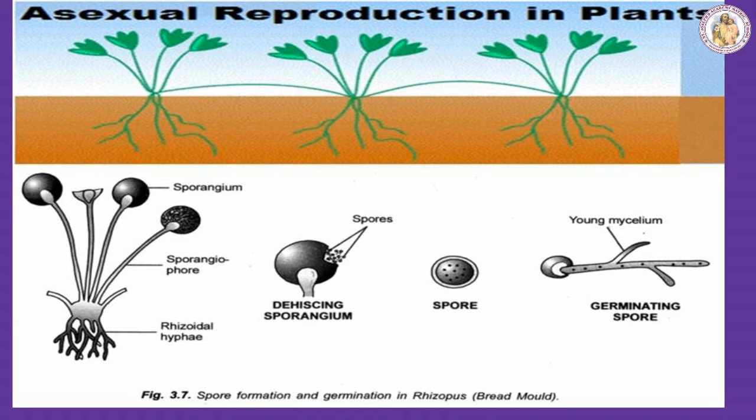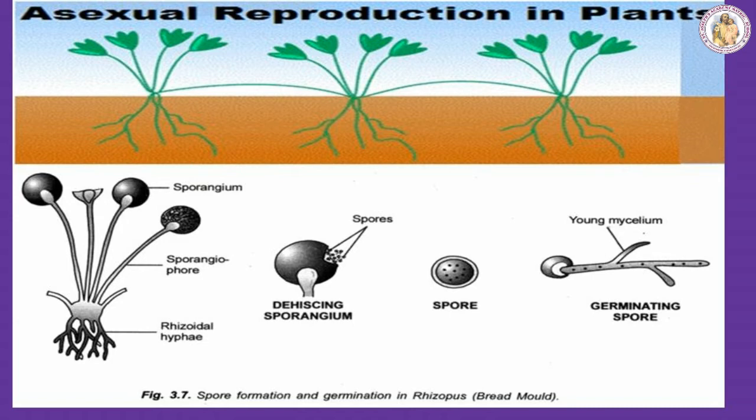Asexual reproduction also occurs through spore formation. The most common method of asexual reproduction in fungi as well as bacteria. During spore formation, you can see in the second picture, the spore-forming structure is called a sporangium. It develops from the fungal hypha.